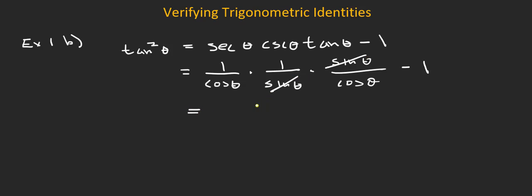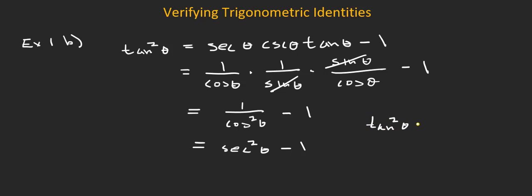You end up getting 1 over cosine squared theta minus 1. And what is 1 over cosine squared theta? That's secant squared theta minus 1. Now, is tangent squared theta equal to secant squared theta minus 1? Let's go back to one of the Pythagorean identities.